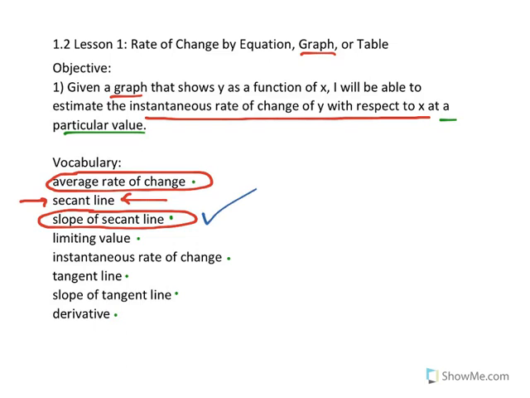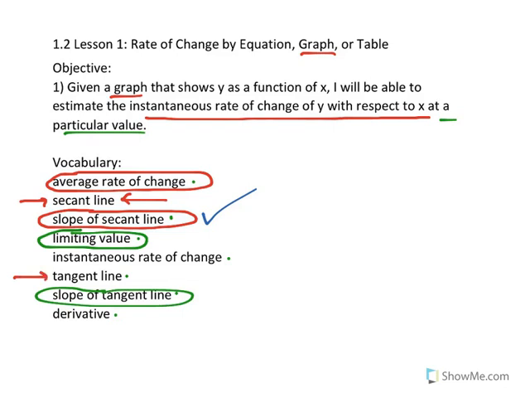So if you make those 2 points closer and closer to each other, that means the time interval is getting smaller and smaller, becoming more of an instant in time. So the limiting value of the slopes of the secant lines as the 2 points approach each other will give us the slope of the tangent line.